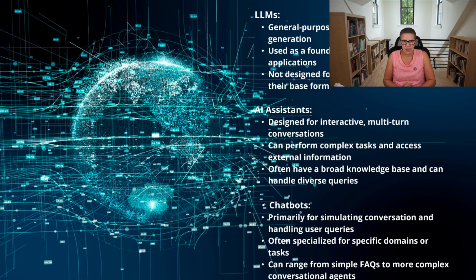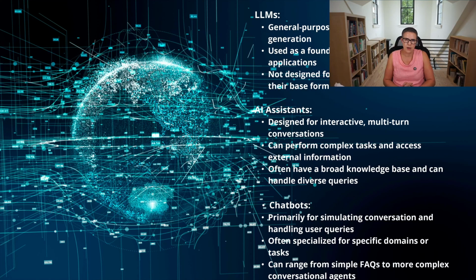Regarding purpose and functionality, large language models are general purpose language processors and generators. They're used as a foundation for various AI applications. They're not designed for direct user interaction in their base form. AI assistants are designed for interactive, multi-turn conversations.